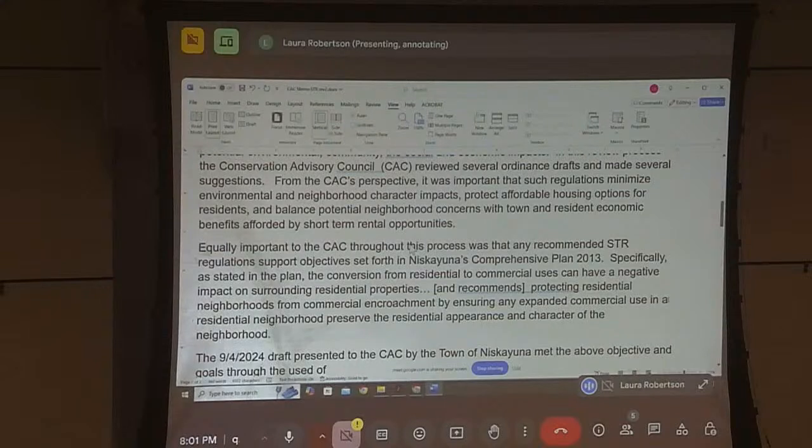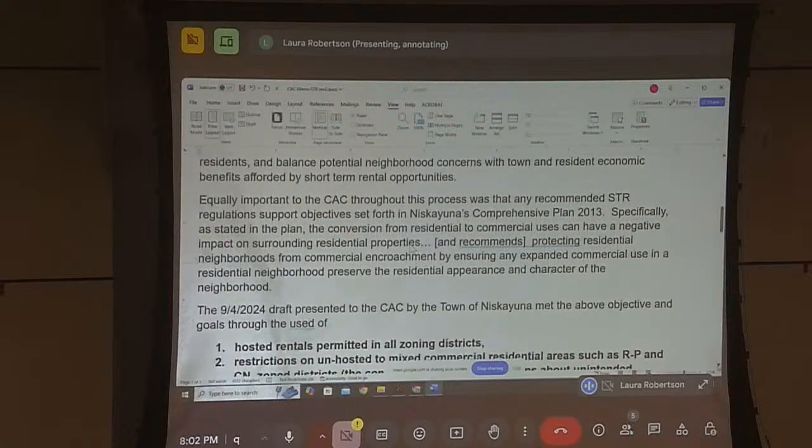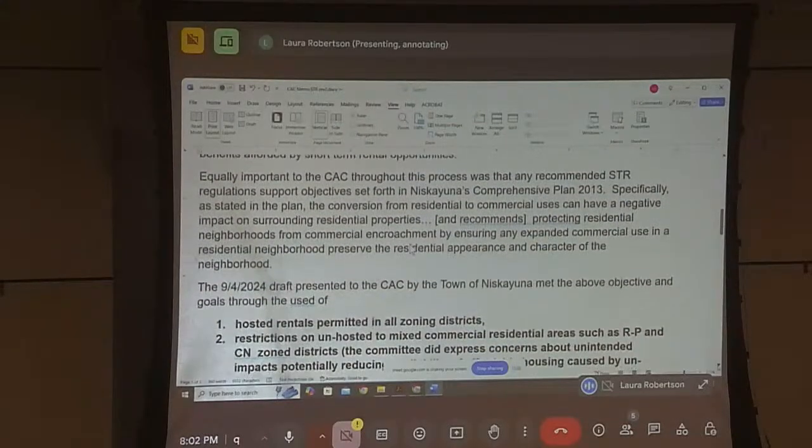Equally important to the CAC throughout this process was that any recommended short-term rental regulation supported objectives set forth in the Niskayuna Comprehensive Plan 2013. Specifically, as stated in the plan, and this is a paraphrase, the conversion from residential to commercial uses can have negative impacts on surrounding neighborhood properties.